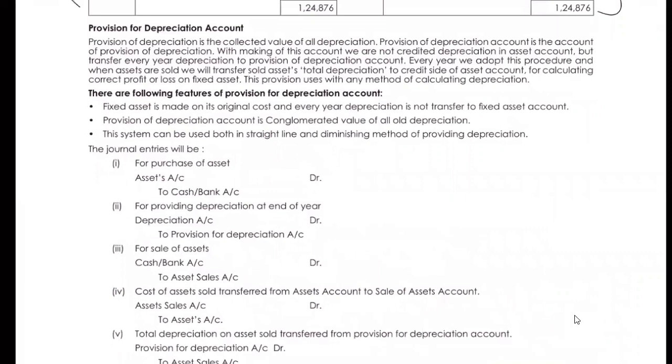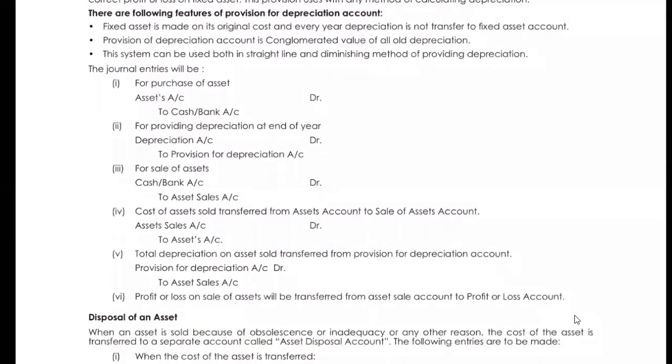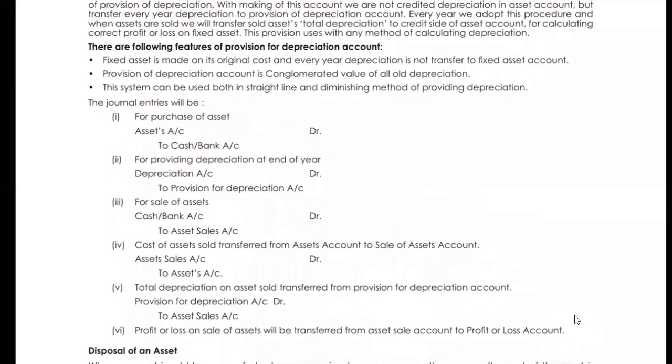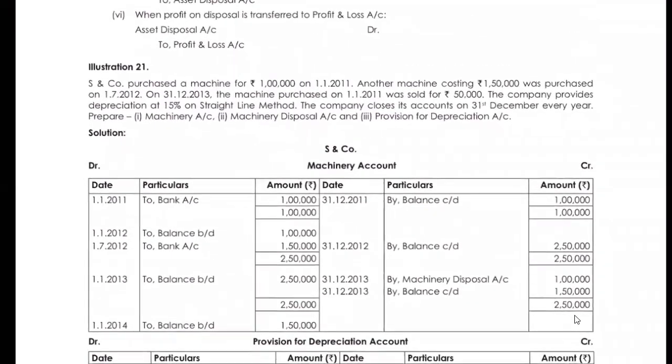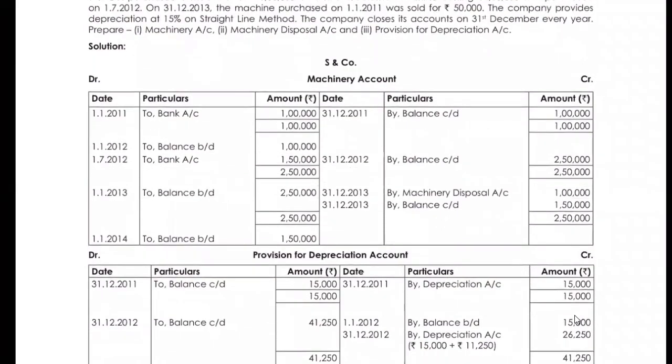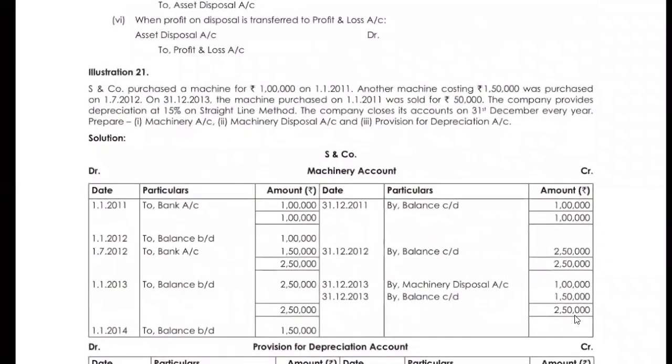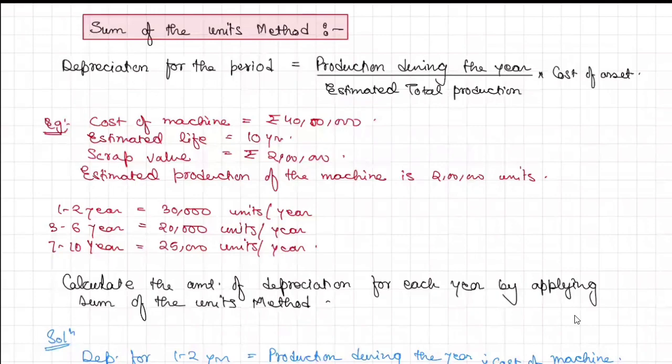This provision for depreciation, I'm coming to that. Disposal of an asset, I'll come to that. Let's do those. After that, we'll come to illustration 21, and that will end our chapter on depreciation.